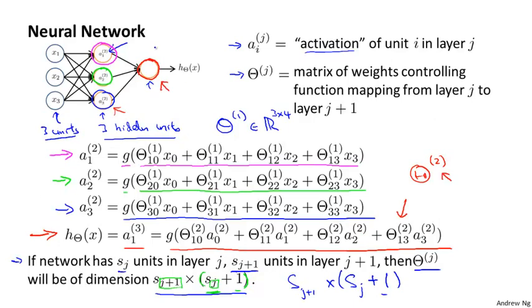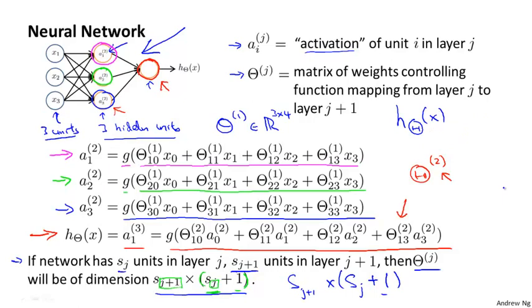To summarize, what we've done is show how a picture like this defines an artificial neural network, which defines a function h that maps from x's input values to hopefully some space of predictions y. And these hypotheses are parameterized by parameters that I'm denoting with capital theta, so that as we vary theta, we get different hypotheses, different functions mapping from x to y.